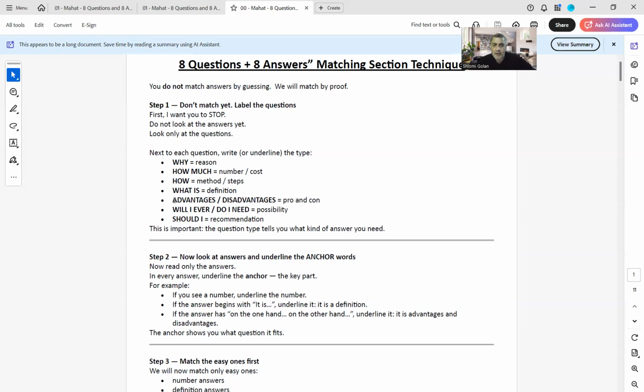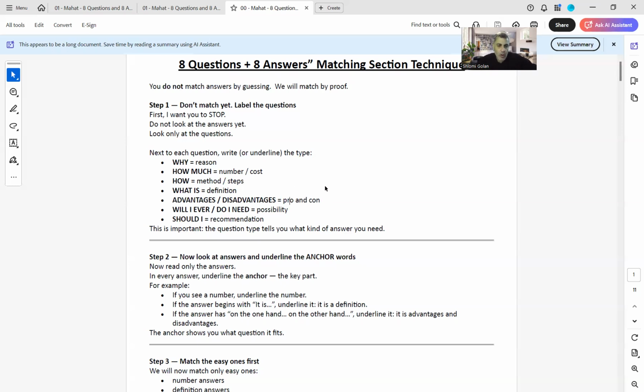When we are asked for the advantages and disadvantages of a specific item, the answer should include, on one hand, one solution, and on the other hand, another solution. So you want to first of all identify the type of question that you have, and then you also want to identify the type of answer that you will have, just like we have it listed here.